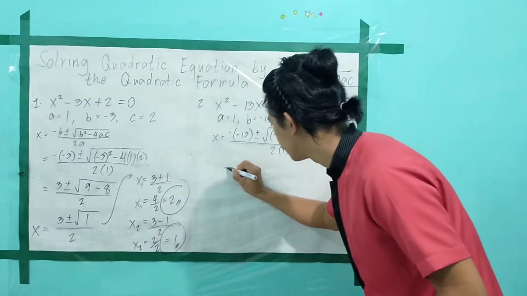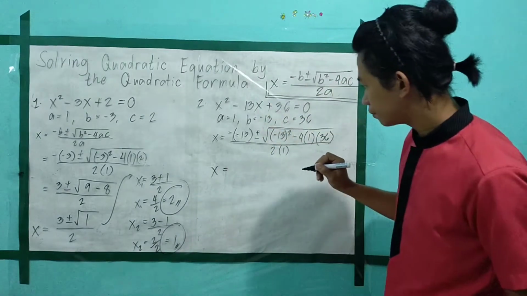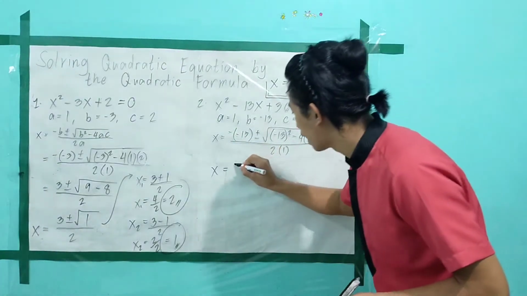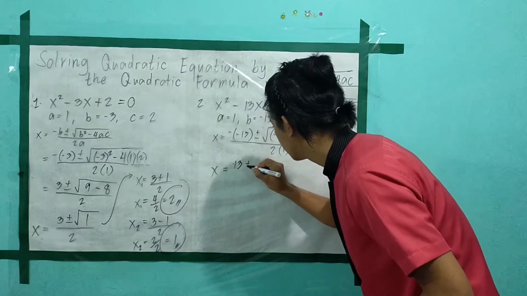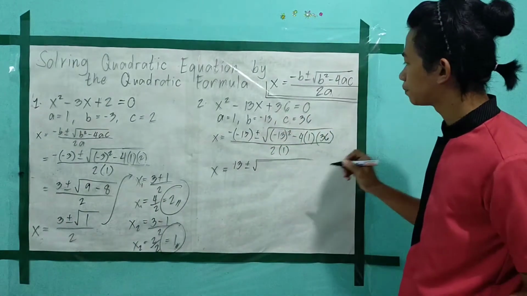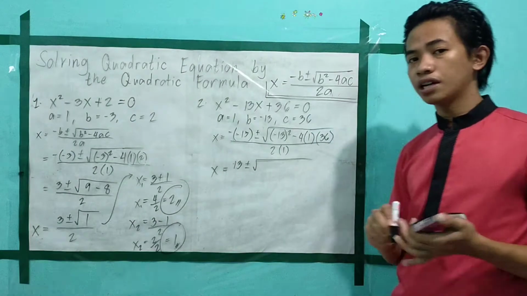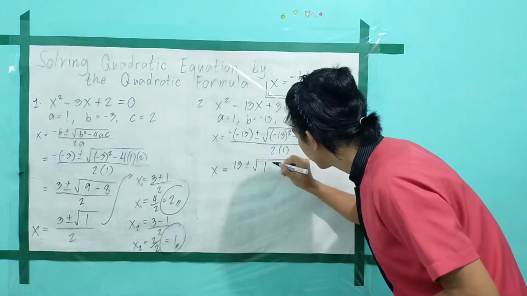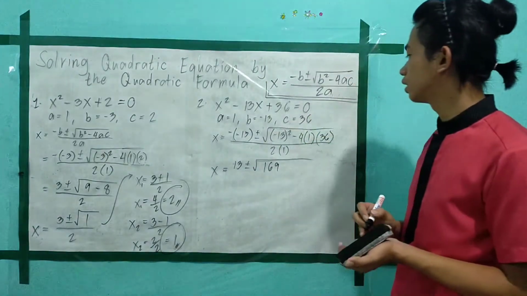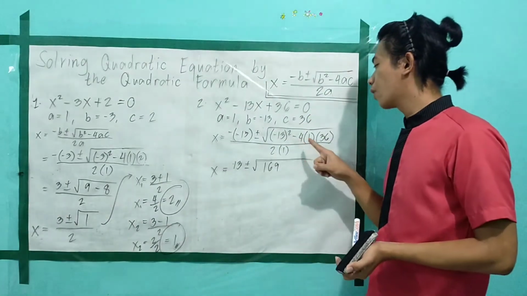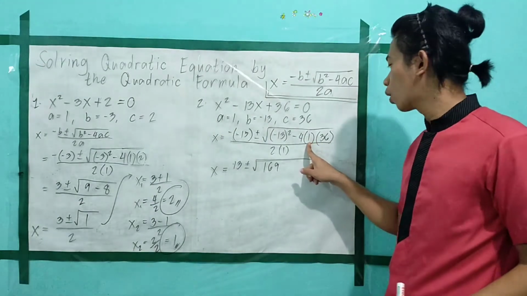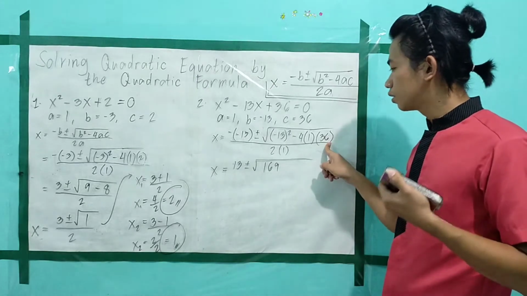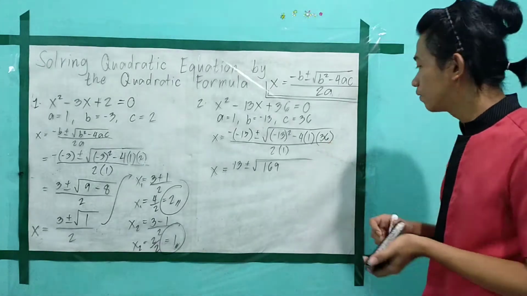Next tayo, next step. X is equal to negative multiplied by negative 13. We have positive 13 plus minus square root of negative 13 multiplied by negative 13. Our negative 13 square is equal to 169. Next, negative 4 multiplied by 1, we have negative 4 times 36. So, 72, 144.